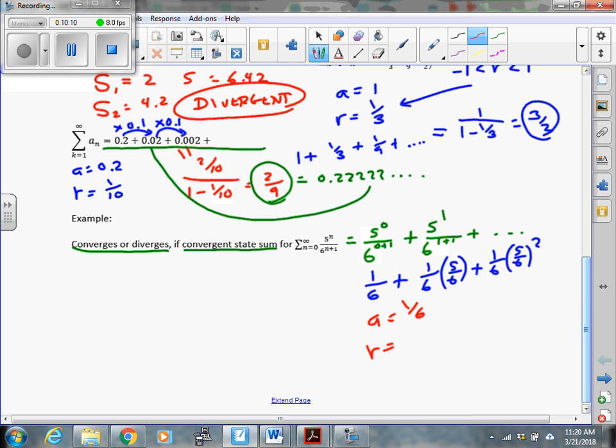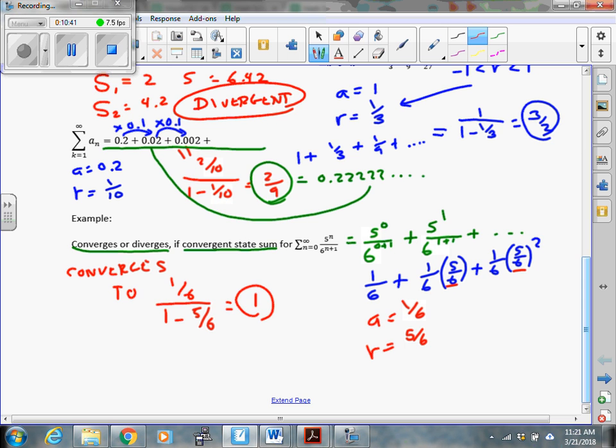I also know it has a constant multiplier. I can see that in my terms. So I can conclude that this summation converges, and it converges to a over 1 minus r, which equals 1. Hope I didn't make any mistakes.